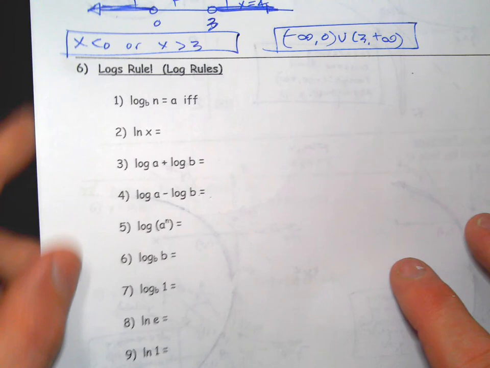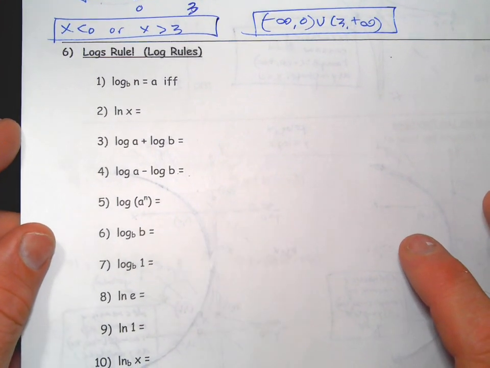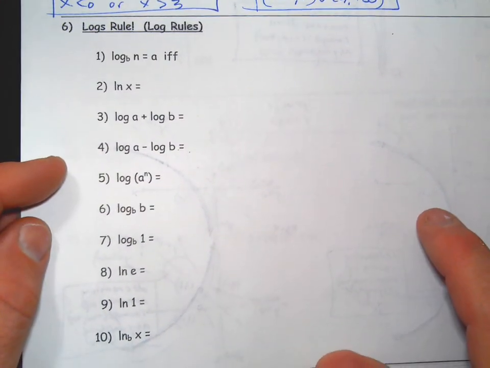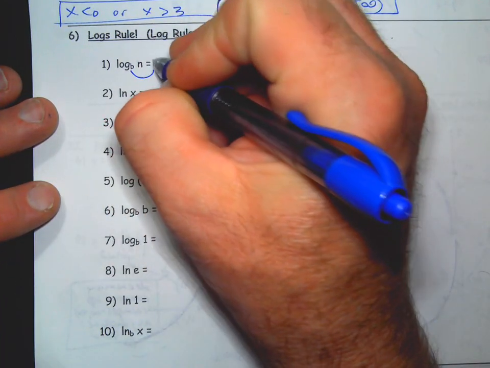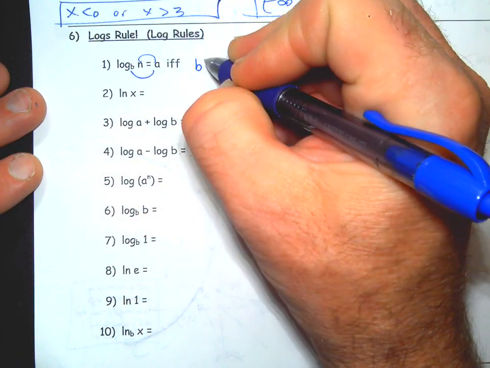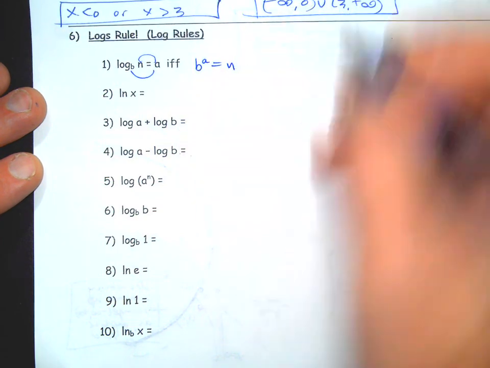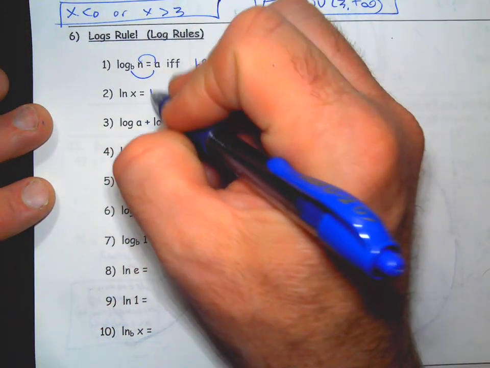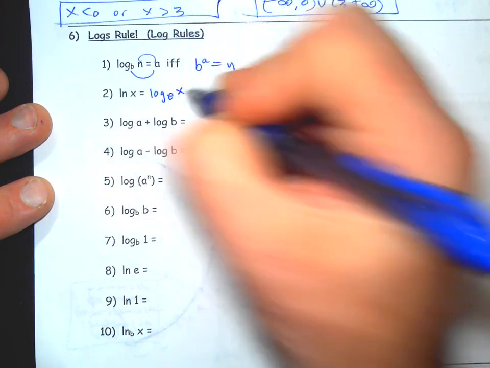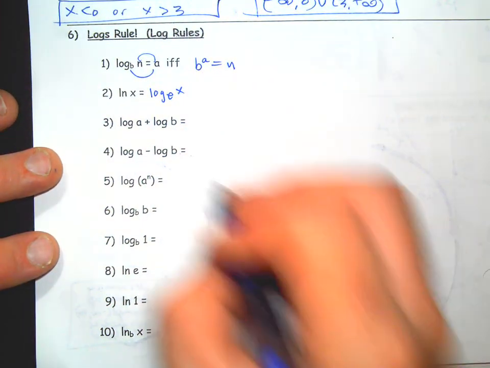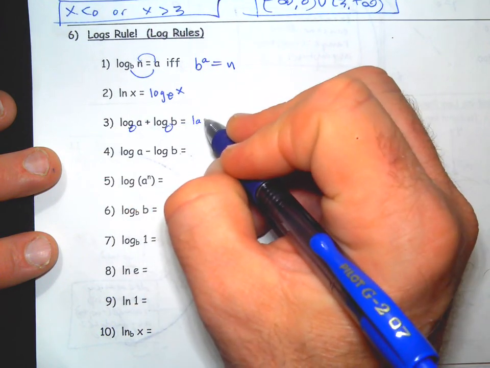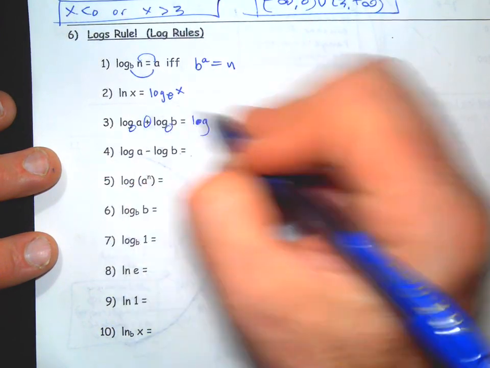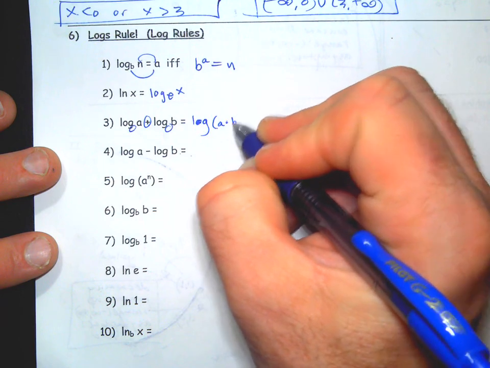Now, log rules. There's a bunch of rules for logs that you guys should have learned before algebra 2. So, one deal is being able to rewrite them in exponential. B to the a equals n. Natural log of x is the same thing as log base e of x. There's a rule for combining logs together. If they have the same base and they're being added, you multiply their insides.